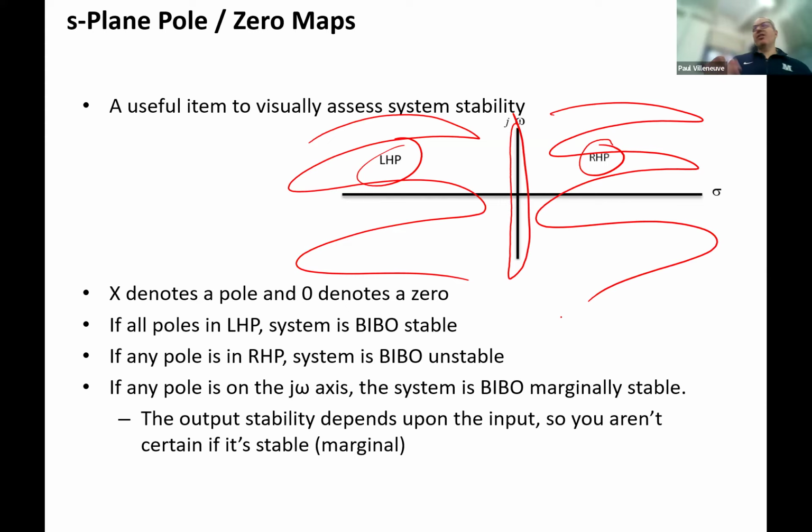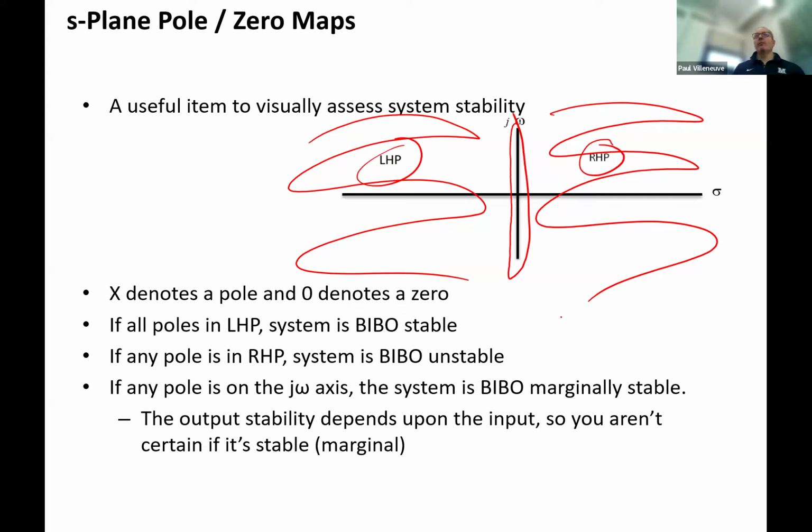The J omega axis is just the axis itself, so it lives only on the J omega axis. In this class we're going to identify poles as X's on our pole zero map, and zeros as O's. So these are the three key bullets to determining stability of our system, BIBO stability.